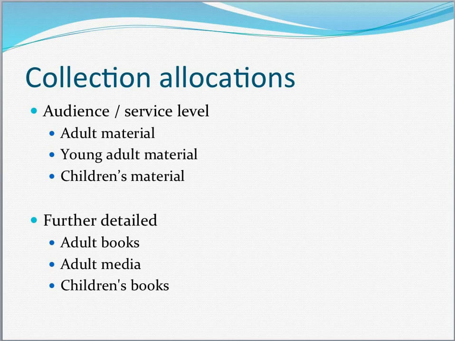And of course, this will be different in each type of library, in the size of the library, and in the community that our library is serving. So we have to take into consideration also our patrons.